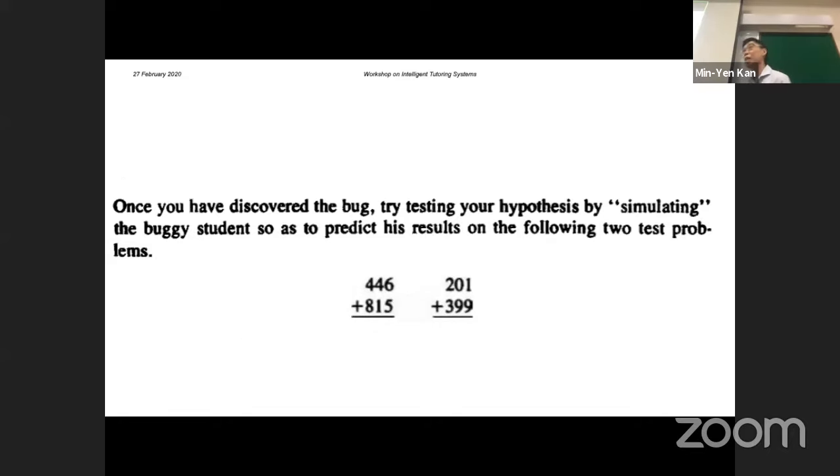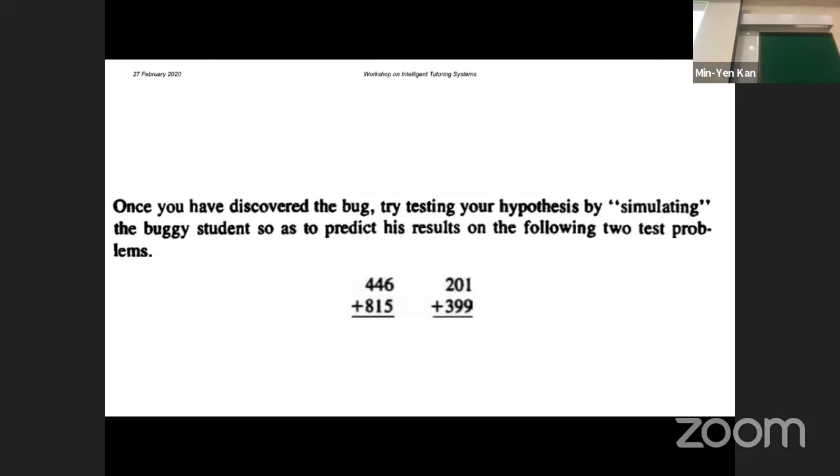So if you discover the fundamental problem, what you call a bug, the bug is borrowed from computer software, you know, the error that messes things up. So if you discover the bug, then you try out new problems. Does it work? So the ITS will give a new set of problems to the student to confirm that this is the bug they are having. So give you these problems. So you use the third to fourth place, you repeat it there. So actually the problem is, can I tell you?